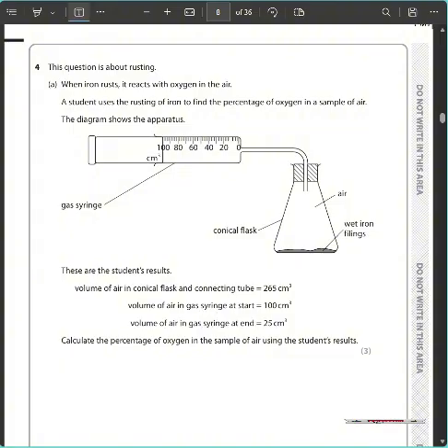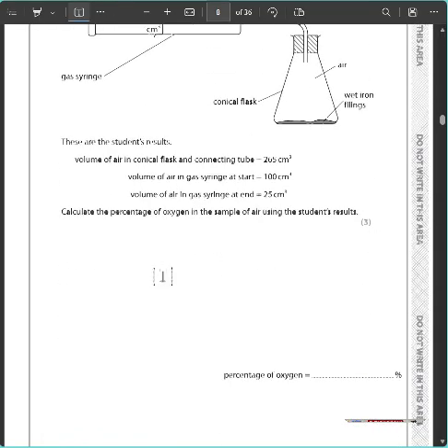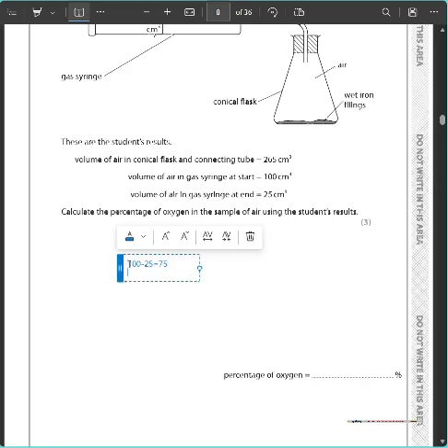Calculate the percentage of oxygen in a sample of air using the student's results. Okay, first of all, we should find how much oxygen reacted with iron. For finding this, we will subtract 25 from 100 and the answer is 75. And as we know, there is a total of 365 cm3 of air in the whole syringe and flask.